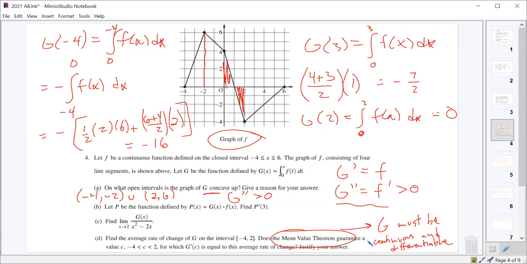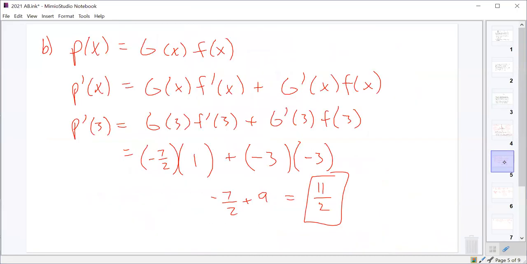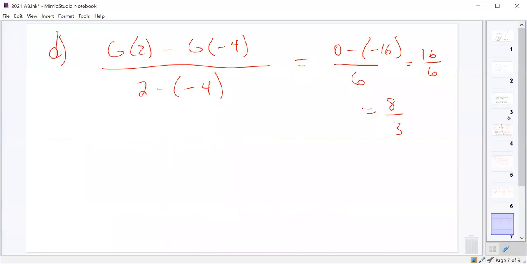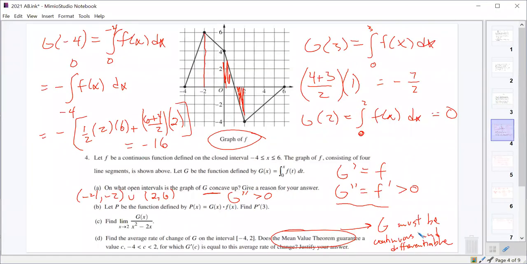So you should be able to say that yes, there should be a place somewhere on this interval where, according to the mean value theorem, that derivative is equal to whatever it was, 8/3. Because g is continuous and it is differentiable. Everybody good with that?